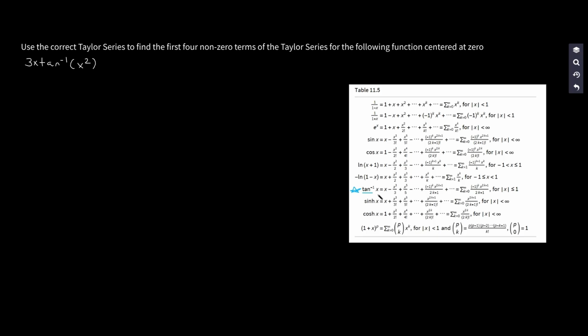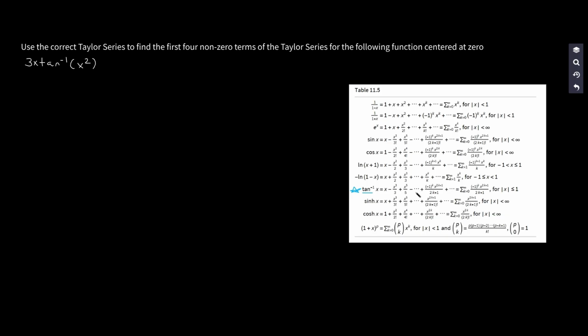So when we look at the table, we can see that arctangent of x equals x minus x raised to the third over 3 plus x raised to the fifth over 5 minus something.